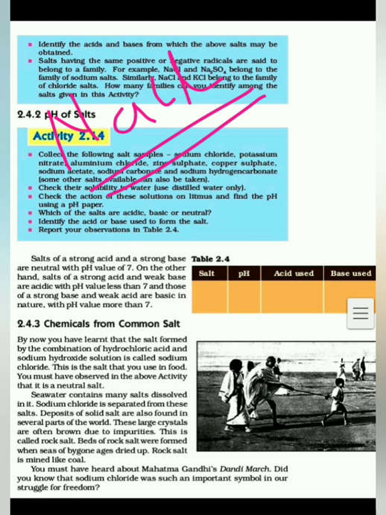As both acid and base are strong, it is a neutral salt. Just now we learned that NaCl forms due to the reaction of HCl and sodium hydroxide. Both are strong acid and strong base, and so the pH of sodium chloride is 7. It is a neutral salt. Now the question arises, from where do we obtain this common salt?